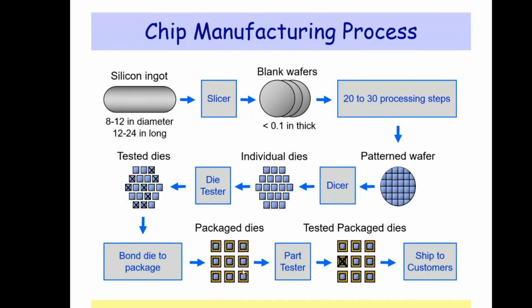Once the packaging is done, it will be tested. Even after packaging, if it is not meeting the criteria, it is not behaving as per the requirement, again that will be discarded, and only the fine-tuned, tested dies will be going to the customer.